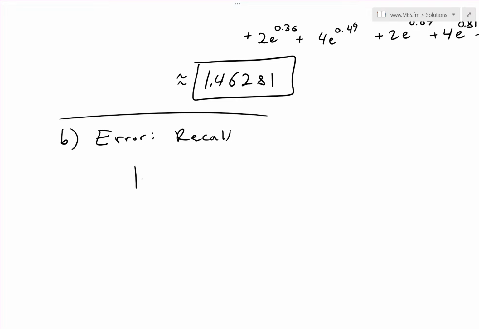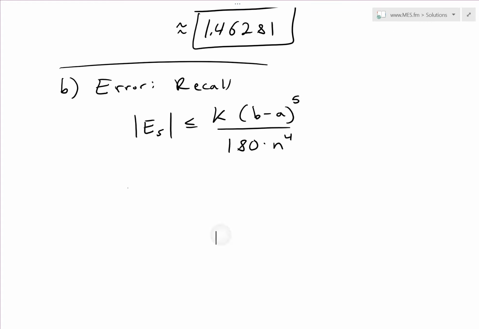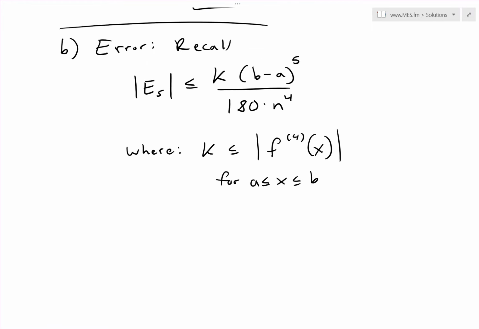Recall that the error is written like this: the absolute value of E_S for Simpson's rule is less than or equal to K times (b minus a) to the 5, divided by 180 times n to the 4, where K is just going to be greater than or equal to the absolute value of the fourth derivative of f(x), for the domain x less than or equal to b and greater than or equal to a. So that's the formula for the error bound.